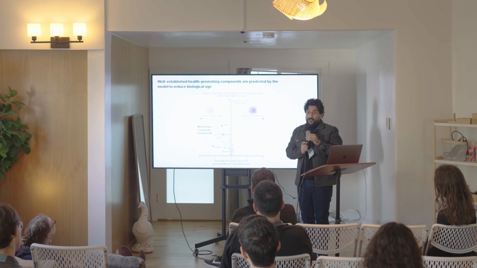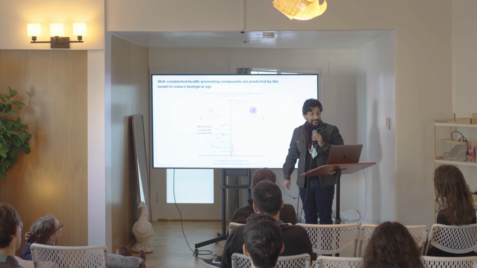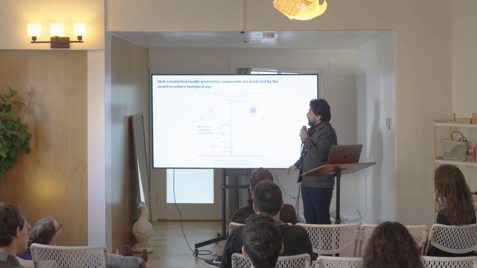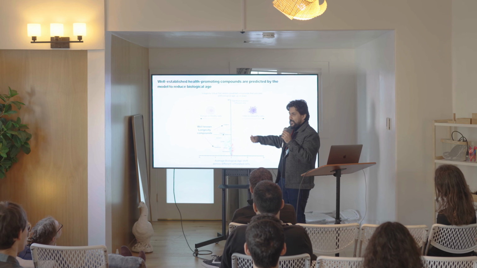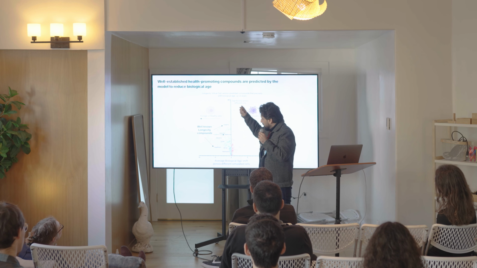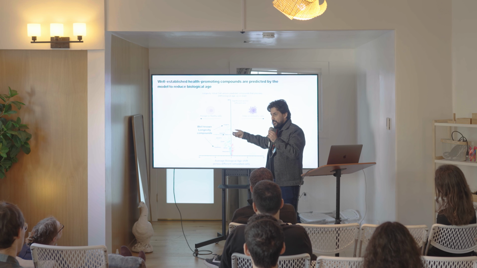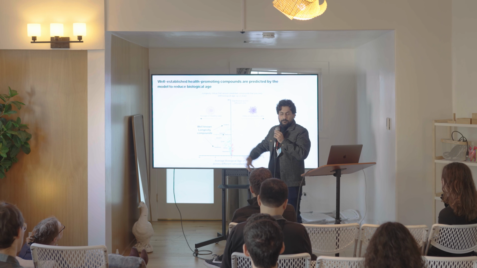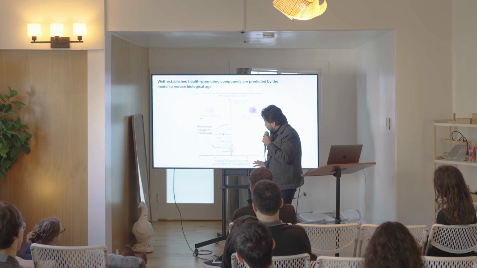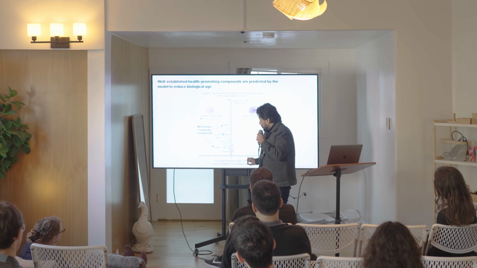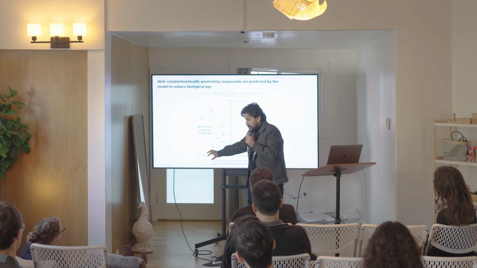What I really want to talk about here, and this is my last slide, is that we are now able to do these in silico experiments where we can essentially say, okay, tell me which compounds are decreasing biological age across a bunch of different cells. On the left-hand side are the compounds that on average decrease age across a bunch of different cells in the body.